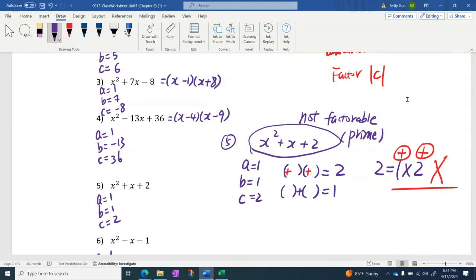By the way, when we factor polynomials in this course, we are factoring them in the rational number set. We are not factoring them in the real number set or complex number set.